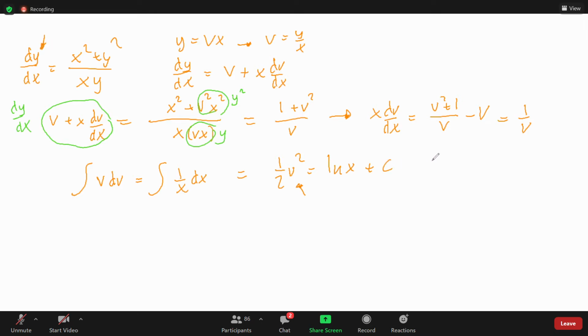So we need to substitute y over x instead of v, so that the equation becomes 1/2 y over x squared is equal to ln x plus c, from which we have the final solution, which is y squared is equal to 2x squared ln x plus c.